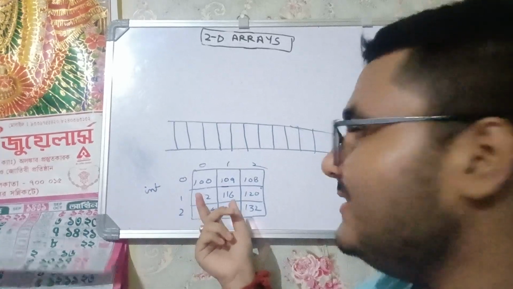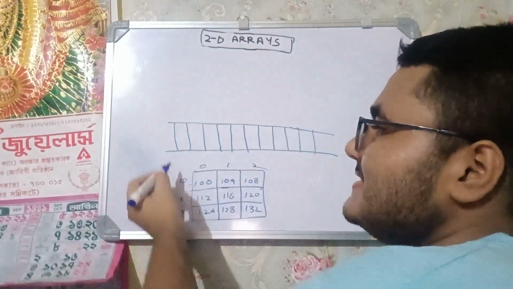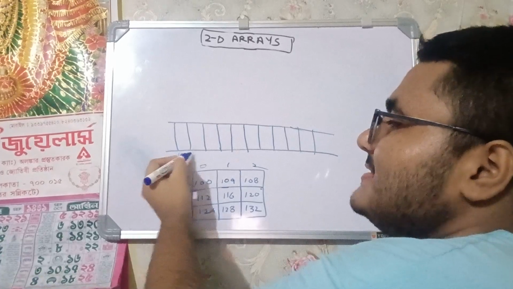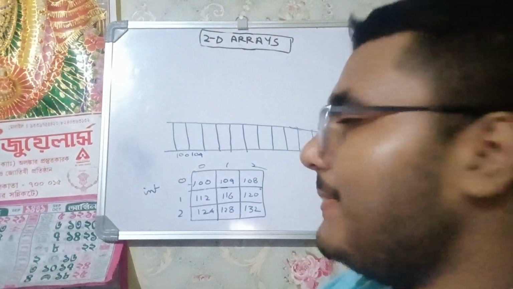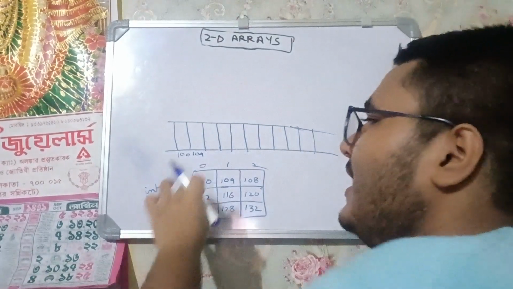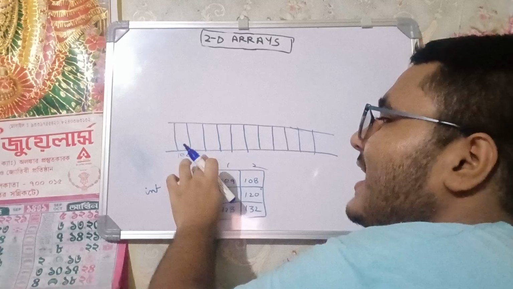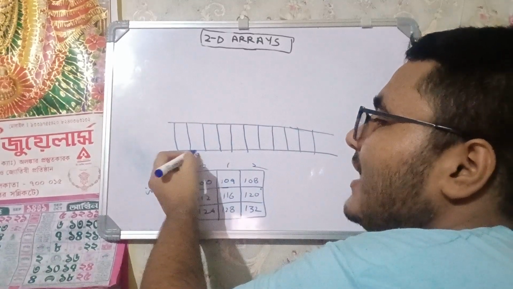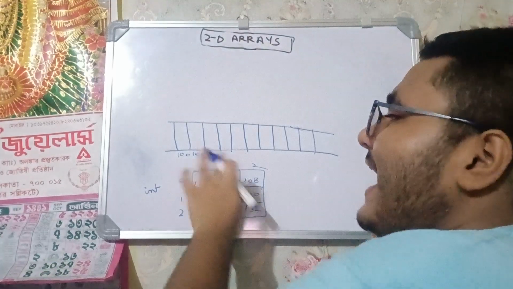So see, in here if I talk about each cell, these are memory addresses. This is a way something is stored in memory. As you know, the integer takes 4 bytes, right? So after 100 we have 101, then 102 and so on.